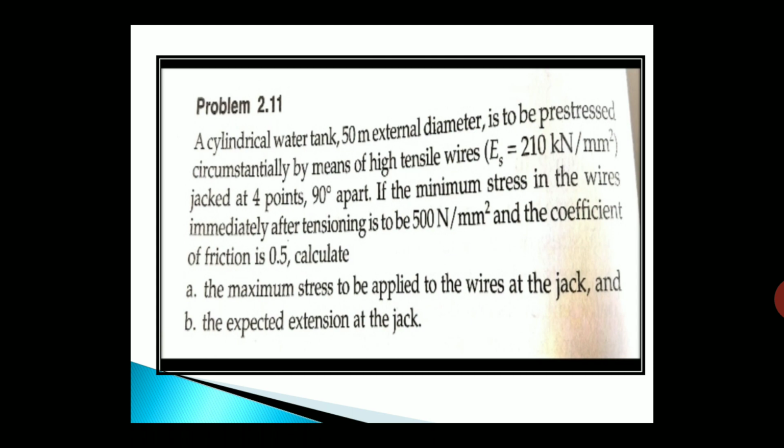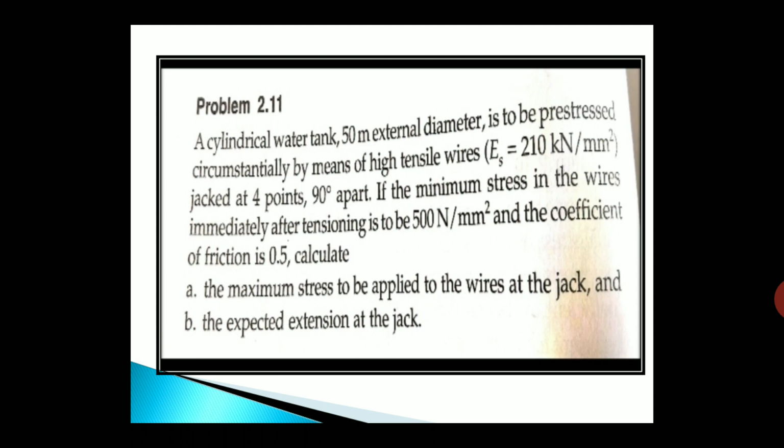Now this is the important thing in the given example. If the minimum stress in the wires immediately after tensioning is to be 500 Newton per mm square and the coefficient of friction is 0.5, calculate the maximum stress to be applied to the wires at the jack and the expected tension at the jack.